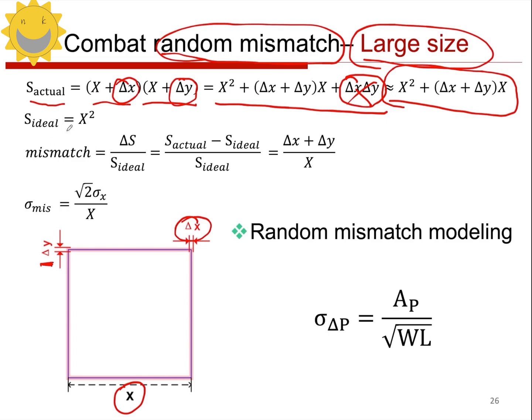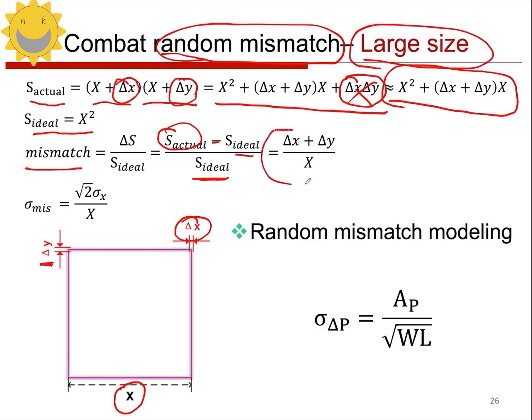Now let's look at the ideal area. The ideal area is x squared. The mismatch is defined as the actual area minus the ideal area, expressed as a percentage of the ideal area. After we calculate it, the x squared terms cancel out, leaving the percentage of mismatch.